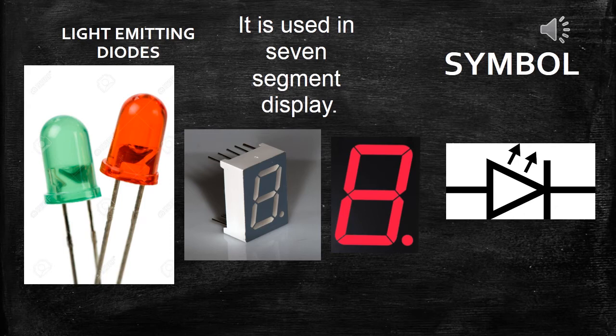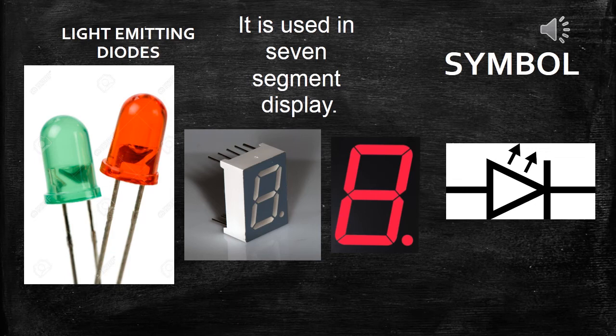Another form of LED is the 7-segment display. Look at the diagram. There you can see the letter 8. It is not 8. Each segment is to be taken as a diode. How many segments are there? 7 segments are there. By giving appropriate voltages, each segment can be made to glow.